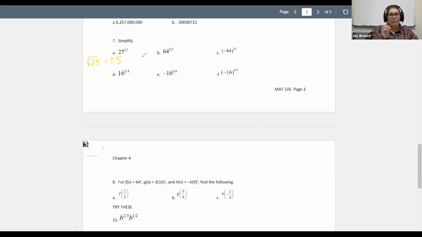Can anyone tell me why? Why do you think it would be important for an odd root? Is it because it's a non-real answer? Not exactly.